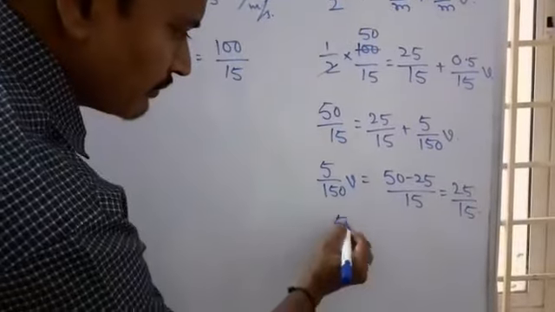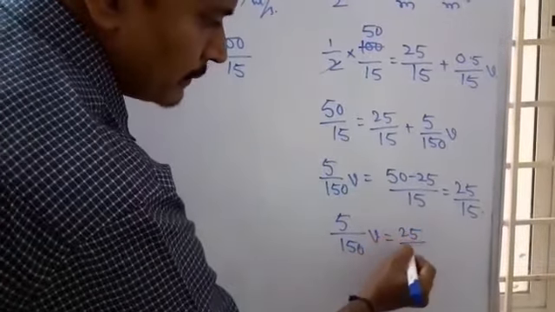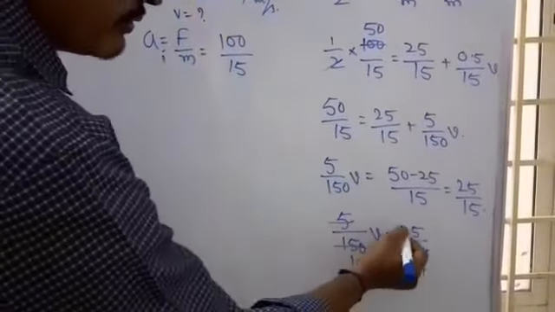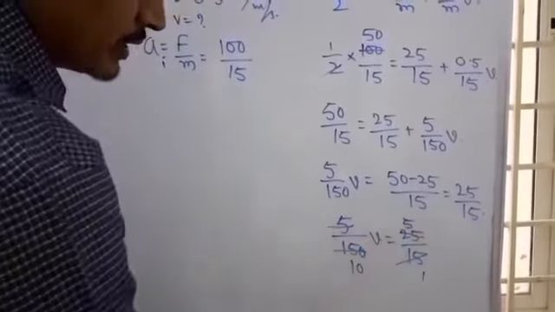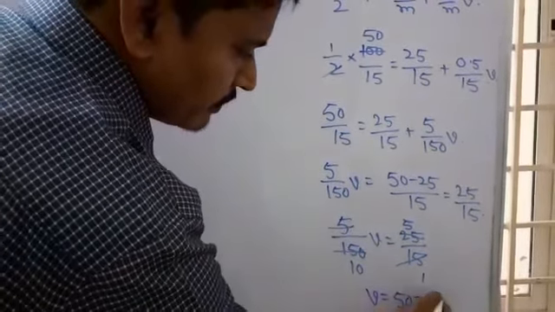So 5 by 150 into v is equal to 25 divided by 15. Therefore v is equal to 50 meters per second.